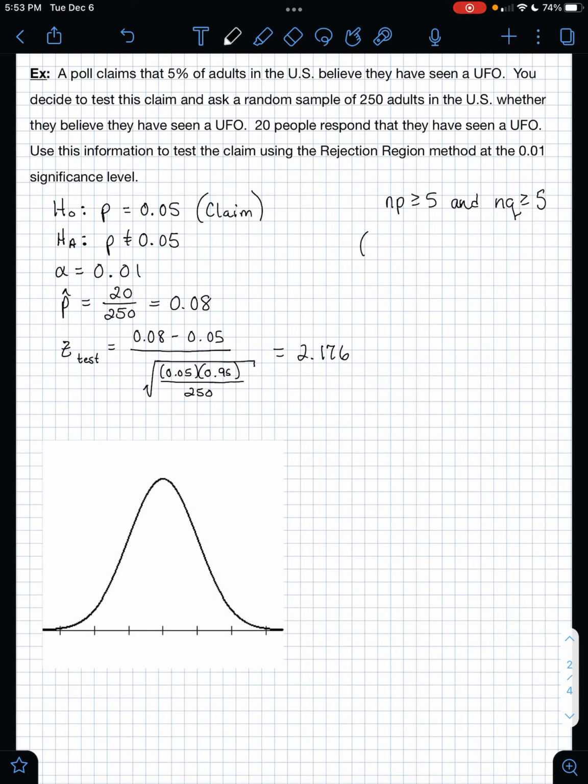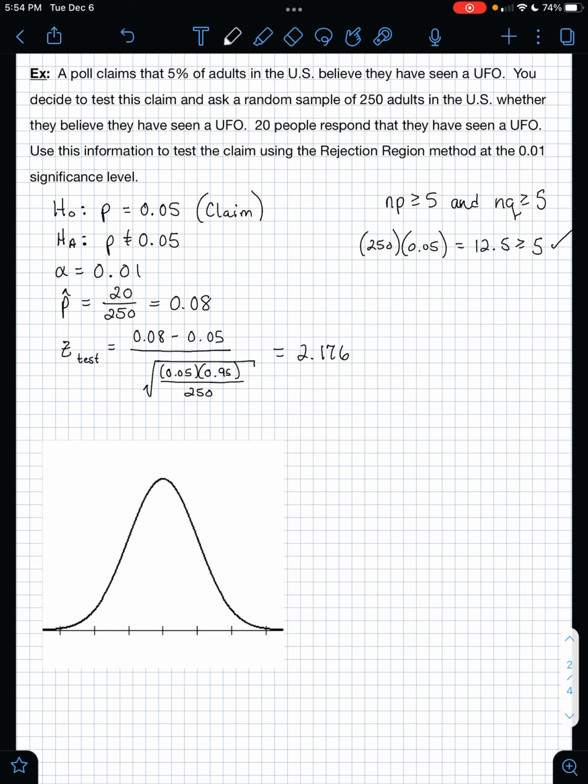So our sample size is 250, and the claimed probability of success is 0.05. And that comes out to be 12.5. And that is definitely greater than or equal to 5, so that checks out.